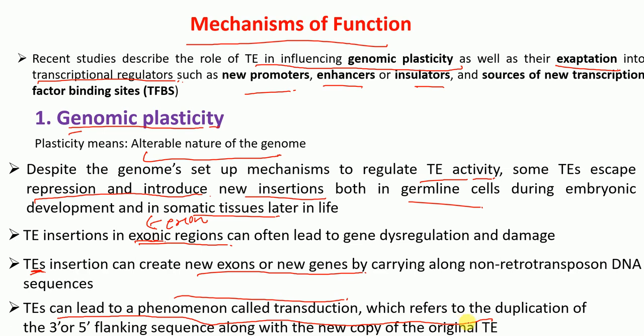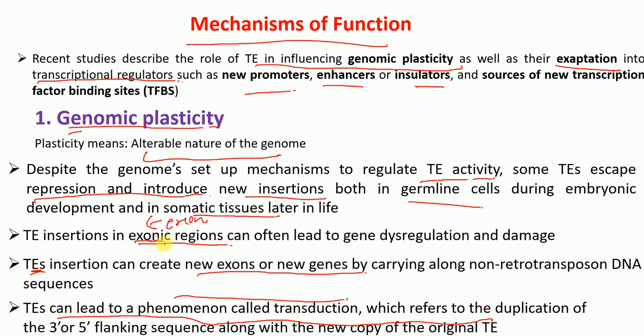So if the transposable element gets introduced into the genome and there is a duplication of 3' and 5' flanking sequences, this is actually called transduction. And this is how these transposable elements can also cause genomic plasticity.